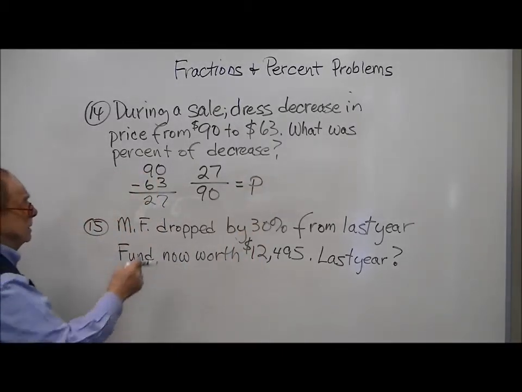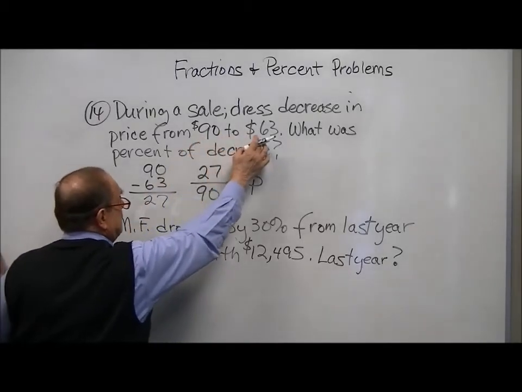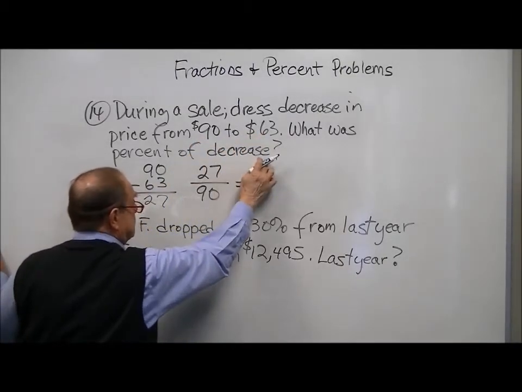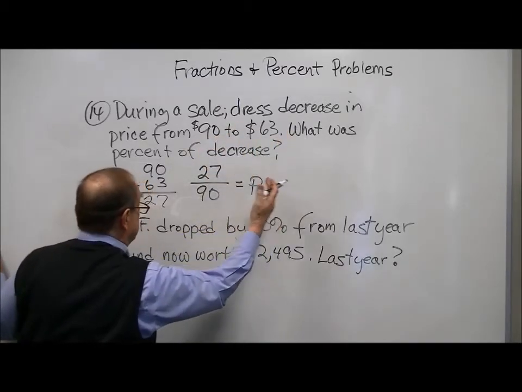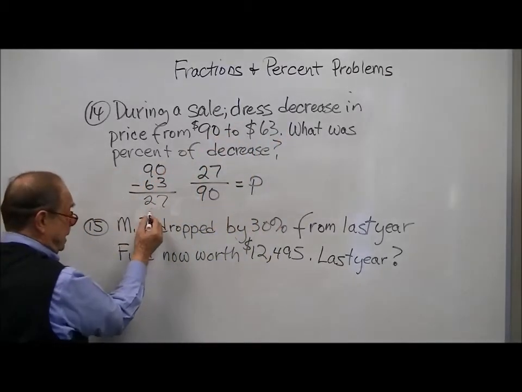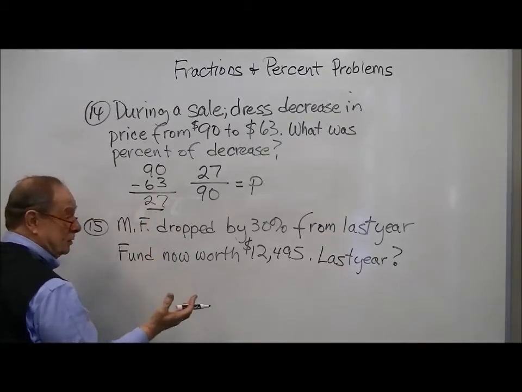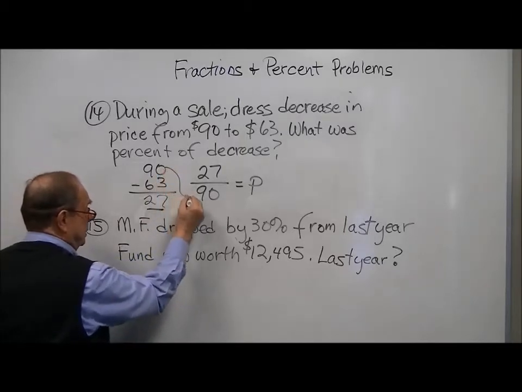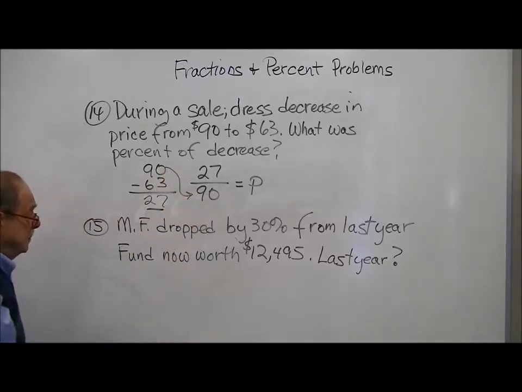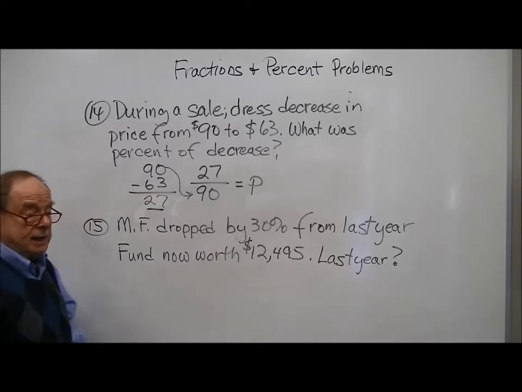So once again, you went from a larger amount to a lesser amount, so that's a decrease. If it were an increase, it worked the same way. You would still subtract it to find out the amount of increase or decrease, but then you put that over the original price. And we'll do that calculation in a moment.